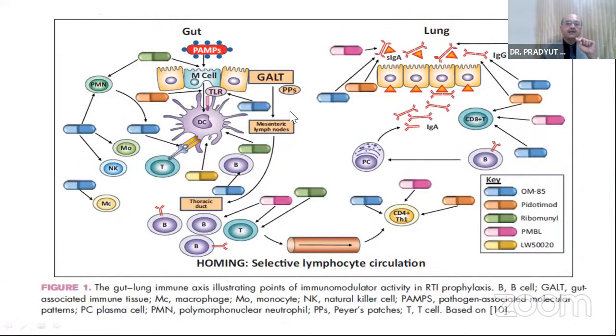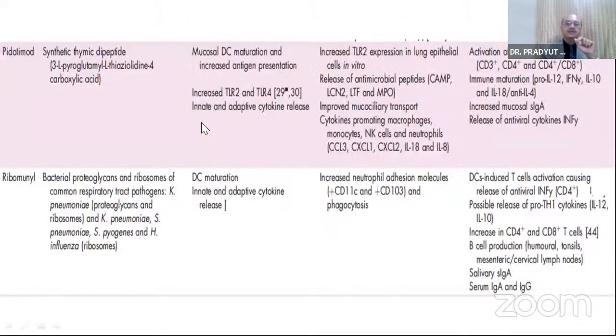If you see this diagram, by its action here, toll-like receptor 2, TLR2, it causes stimulation of the dendritic cells, and then this presents the antigen and causes a significant innate and adaptive cytokine release. This also results in release of antimicrobial peptides, improves the mucociliary transport, and also stimulates the NK cells, neutrophils, etc. And also it helps in stimulation of the CD4, CD8 cells and the formation of antibodies.